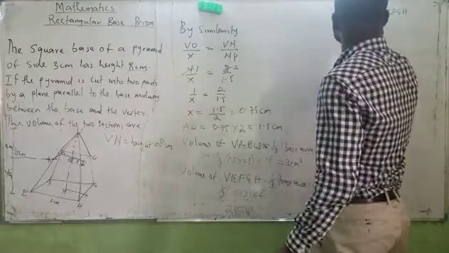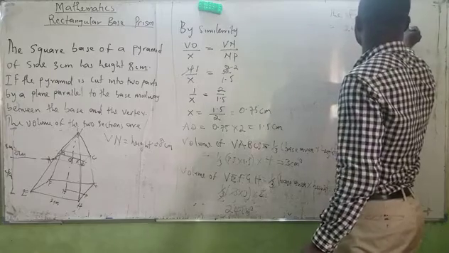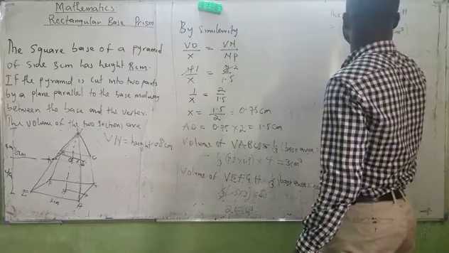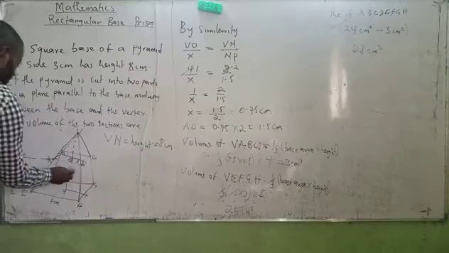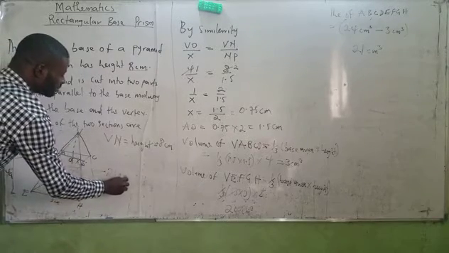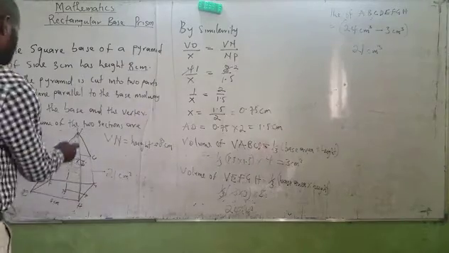24 centimeter cube minus 3 centimeter cube, which I'll be having 21 centimeter cube. That is the first section. It means the volume of this place is 21 centimeter cube. The volume of the second one, which is this space.